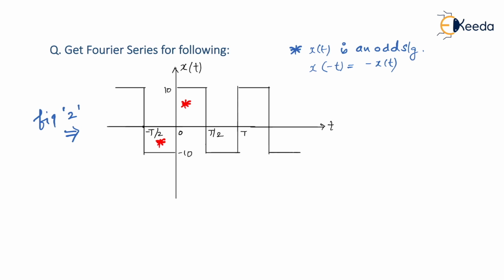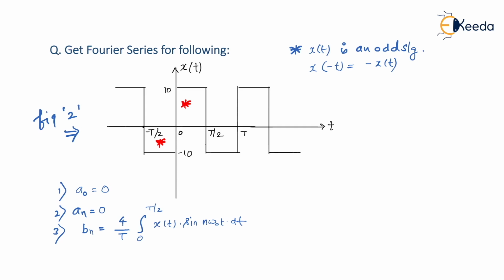So according to the property of an odd signal, the first conclusion I can say is a naught is always 0, that is nothing but the DC value, and secondly an is also 0, and third, the value of bn by using the symmetry property becomes 4 by T. This time I need not integrate over a cycle, so we are going to integrate only for half a cycle, that is from 0 to T by 2, x of t sine of n omega naught t dt.